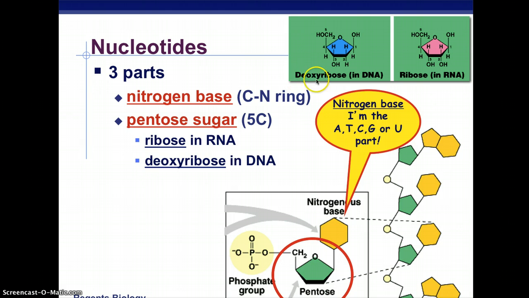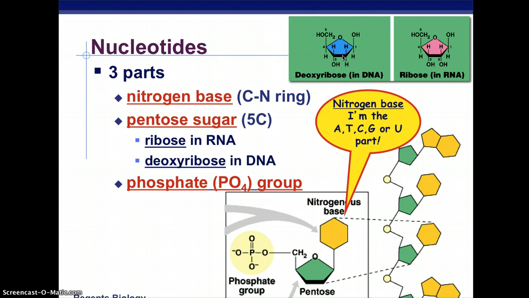So the term deoxyribose means a ribose sugar, so this little 5-carbon guy, minus an oxygen. So D meaning without, oxy, oxygen. So ribose sugar, which would be RNA, and deoxyribose, so without one oxygen, would be DNA.